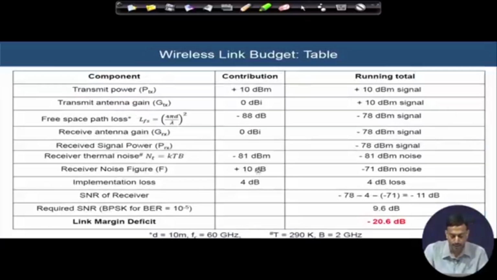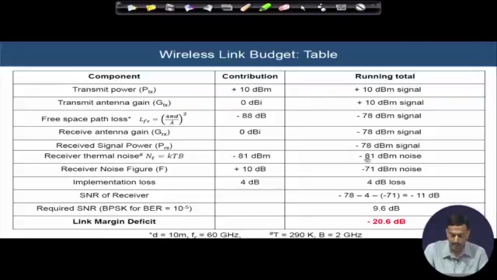We substitute this value over here, and we get the noise value as minus 81. The signal value we have obtained up to this point is minus 78 dBm. We are separately calculating noise in these two rows, remember that. We consider a noise figure of 10 dB, so the addition of noise inside the receiver is factored over here. Minus 81 plus 10 dB gives us a total noise power value of minus 71.